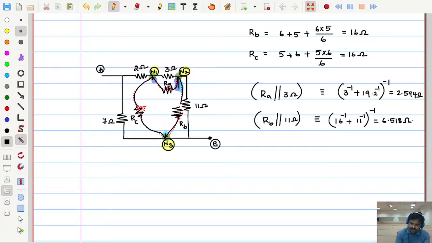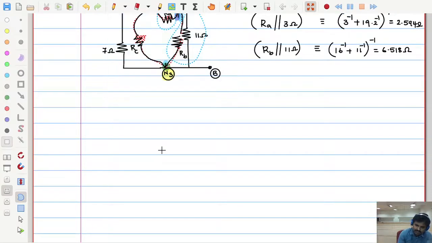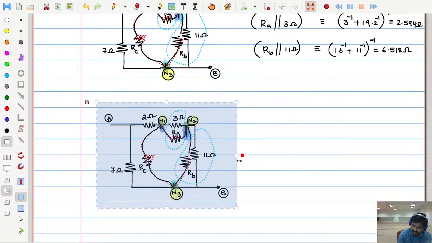Right. Now what do we do? We try to replace these values, this 3 and RA, and this RB and 11 ohms, by a single resistor. That is always our ultimate aim. We replace elements by their equivalent values in this way in the next step.